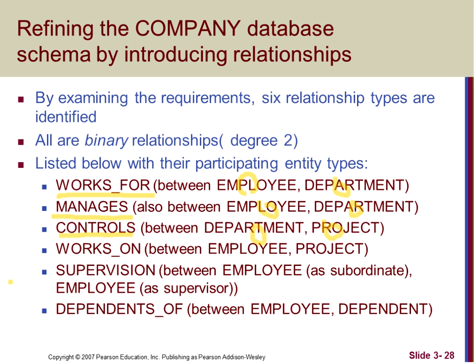So one department controls the project. And works-on is between employee and the project. And supervision is the employee supervising the employees. And also the dependent is the dependent of the employee. Okay, an employee has a dependent.